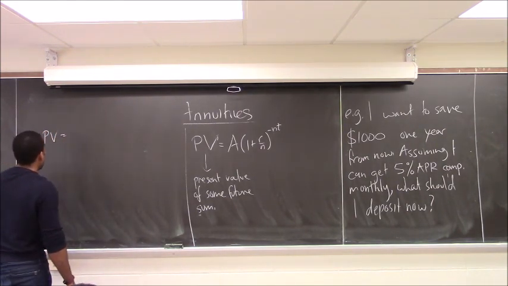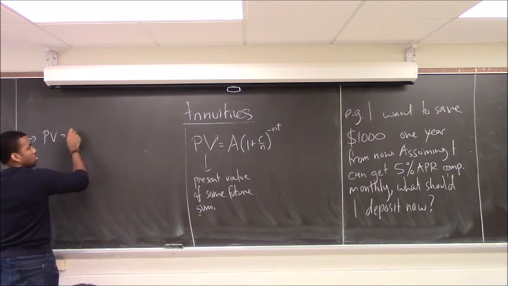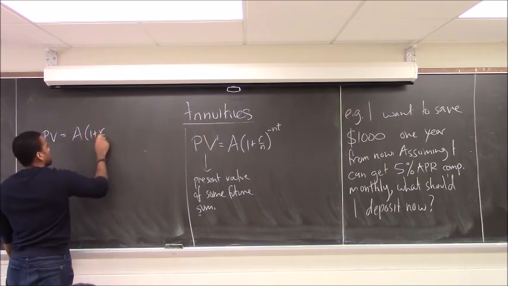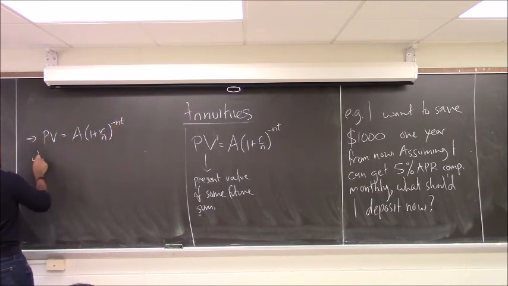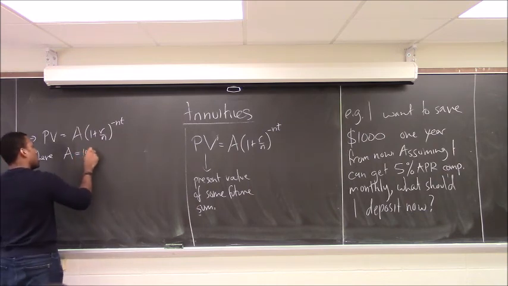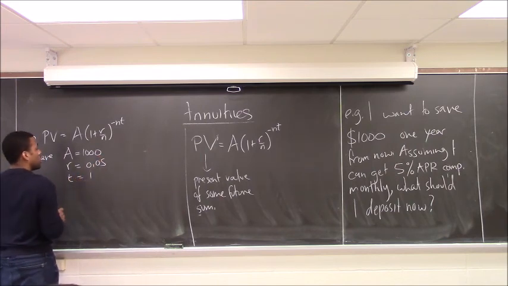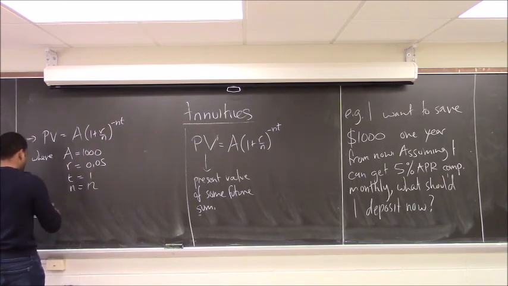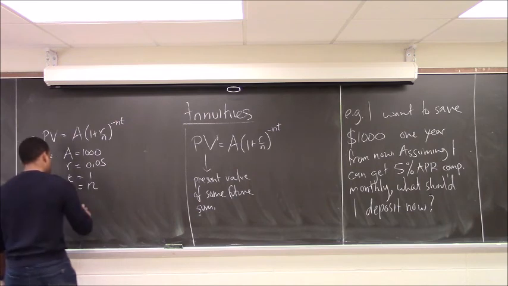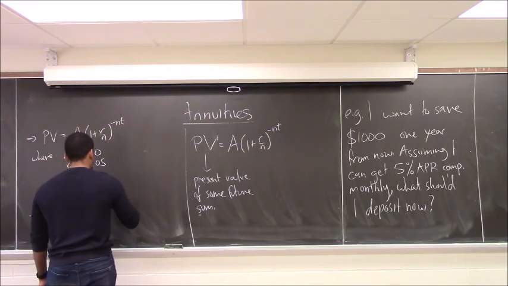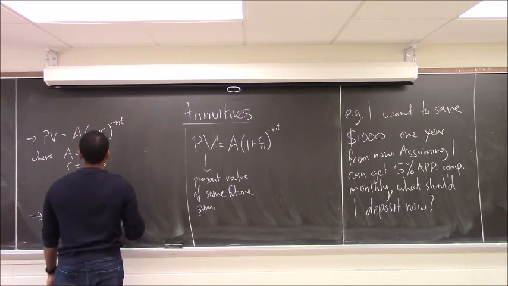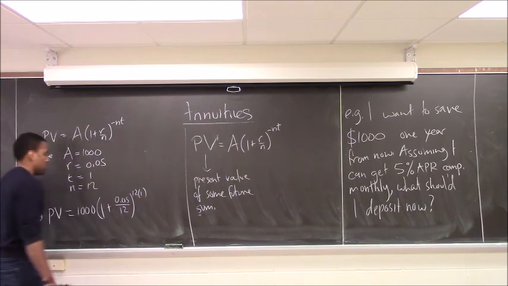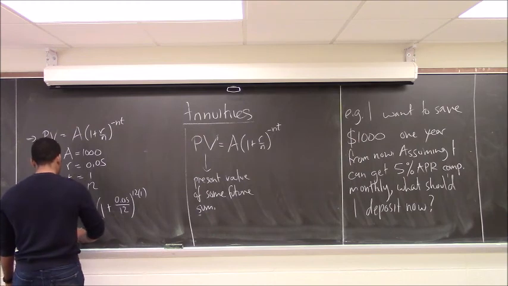It's equal to, in this case, the amount I want in the future is 1,000. r is going to be 0.05, t is going to be 1, n is going to be 12. It's compounded monthly. This means what this is worth to me now is going to be 1,000 times (1 + 0.05/12)^(-12·1). And what's that going to be?